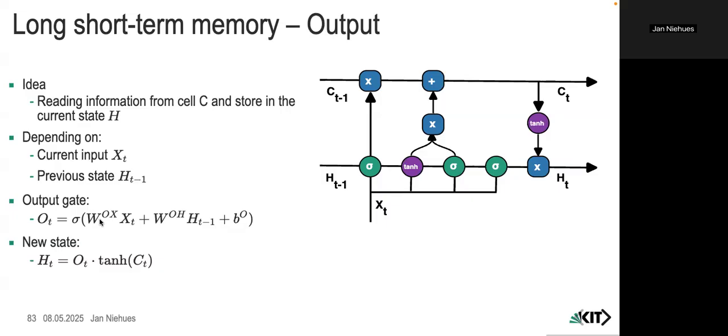So it's again mainly a feed-forward network, which takes XT and HT minus 1, combines both, and then decides, should I output things or which information should I output or not? And then we're taking these, and that will be our new hidden state. So the new hidden state will be based just on what we read out from the cell state. So we take the cell state, make a nonlinearity around it, and then we're just multiplying it with our output gate, deciding which information we should put out.